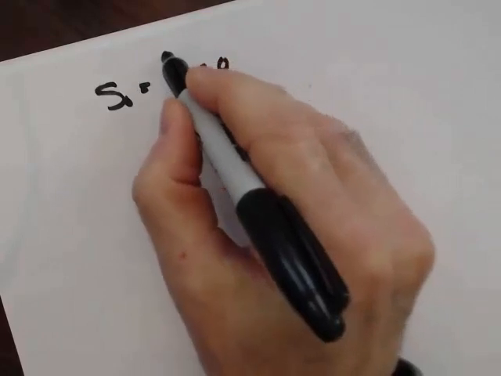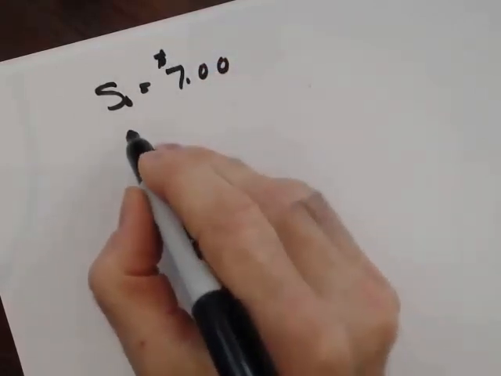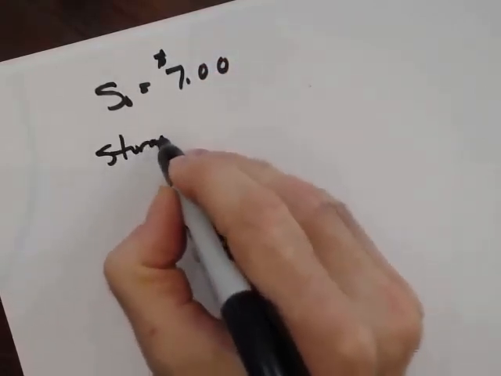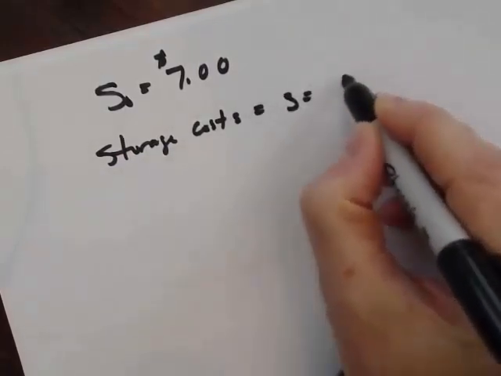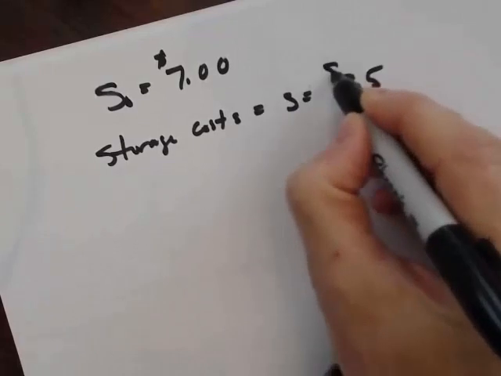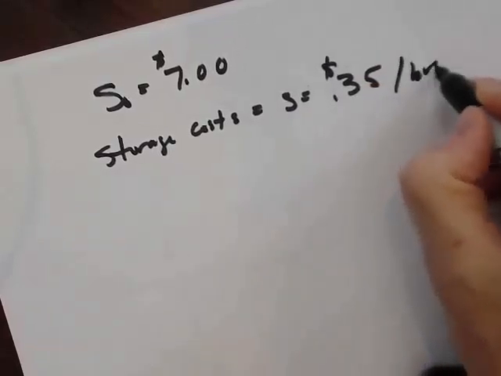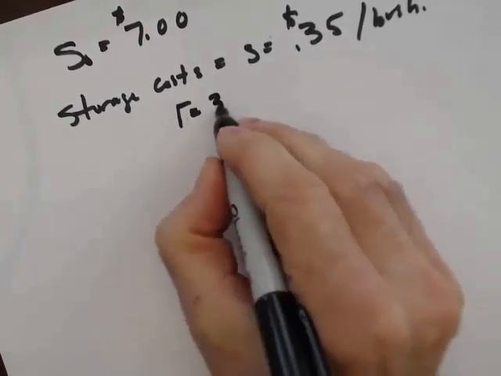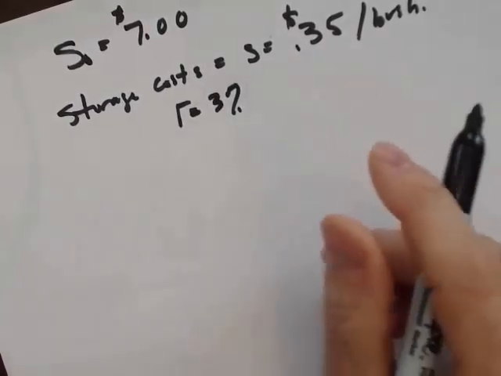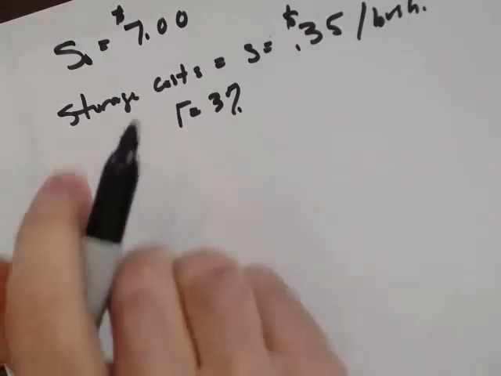Okay, spot price is $7. Storage costs, denoted as little s, is 35 cents per bushel. Okay, the repo rate is 3%. And now, what should be the 1 year futures price?